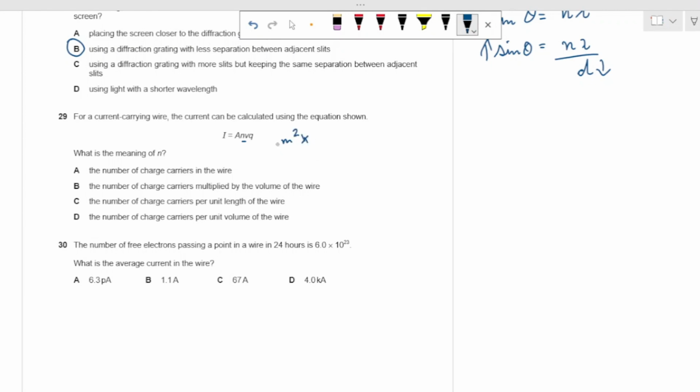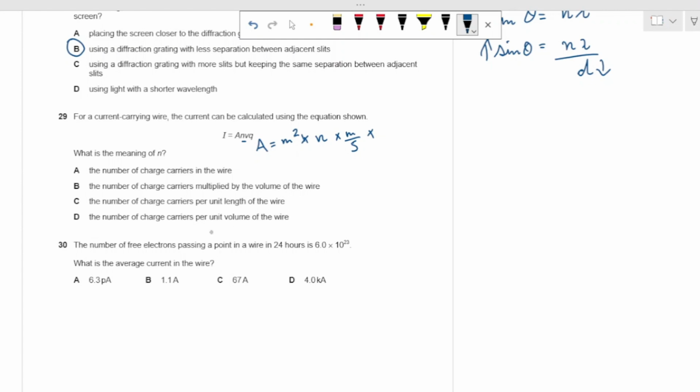We do not know the unit of n, and I over here is the current. v is the average drift velocity, that is meter per second. Q is the elementary charge, or the charge of the charge carriers, which is of course in coulombs.